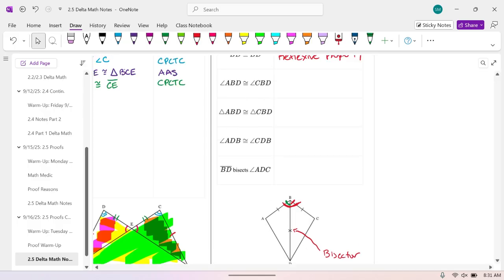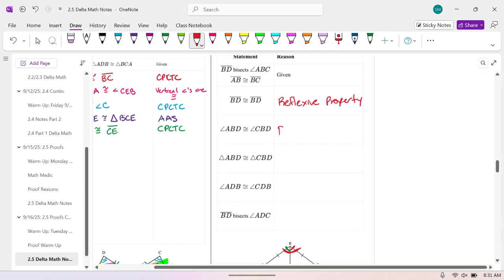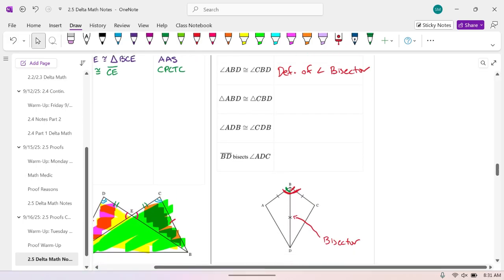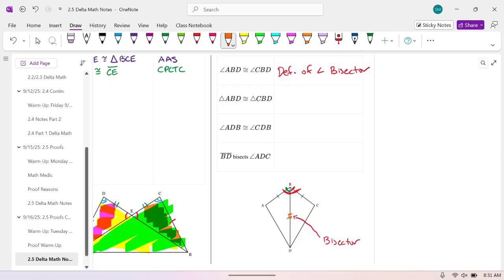It cuts that angle in half. So definition of angle bisector. Now they're saying that triangle ABD is congruent to triangle CBD, and that's by side angle side. All right.